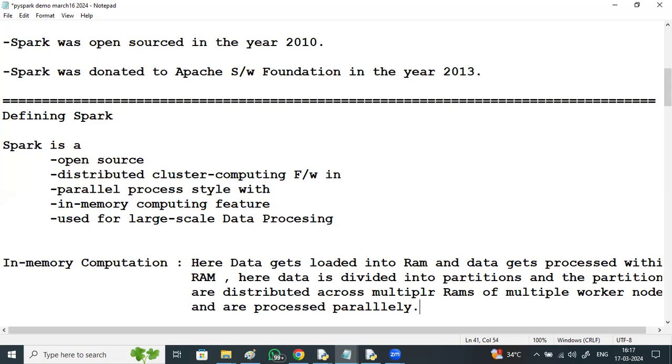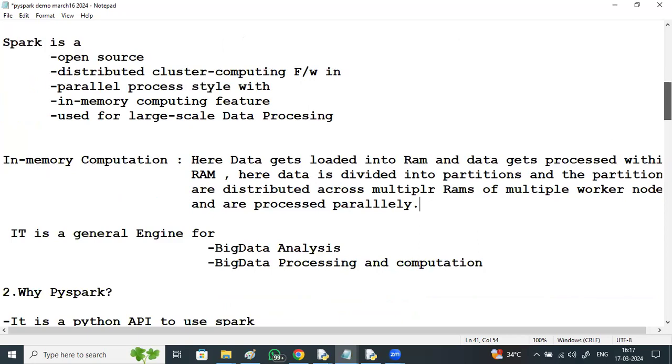That's why we see very high speed in Spark.